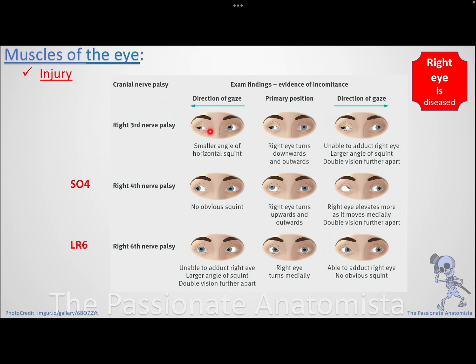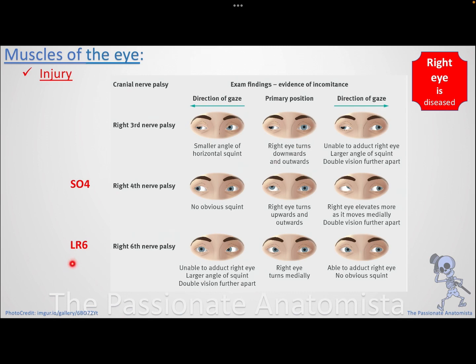So it is dominating over everything in the primary position, in looking to the right, in looking to the left. So if you have a trochlear nerve problem that supplies everyone except superior oblique and lateral rectus, the lateral rectus will dominate. Superior oblique has nothing to do because it cannot dominate. We have opposing muscles to the superior oblique, and they are all there in that muscle.